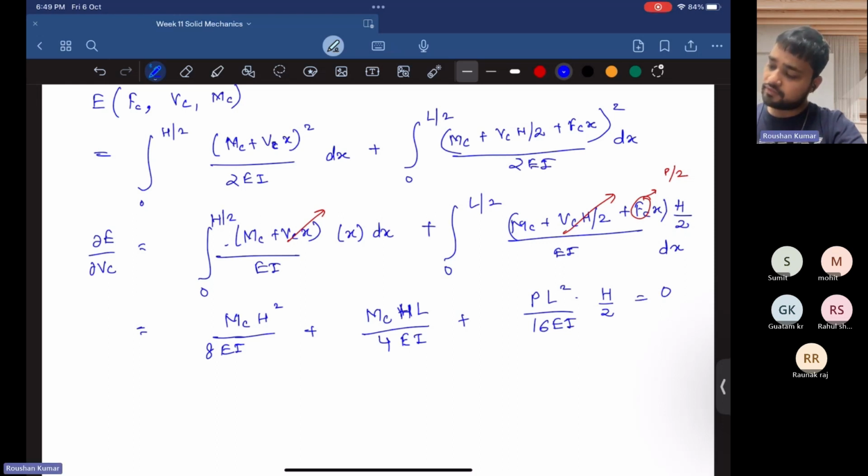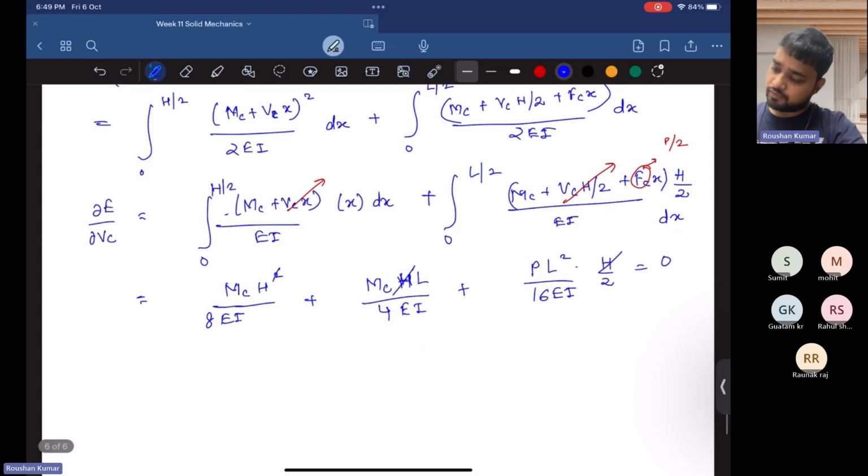So h will cancel out from each term. So it will become MC h upon 8 EI. EI will also cancel out.